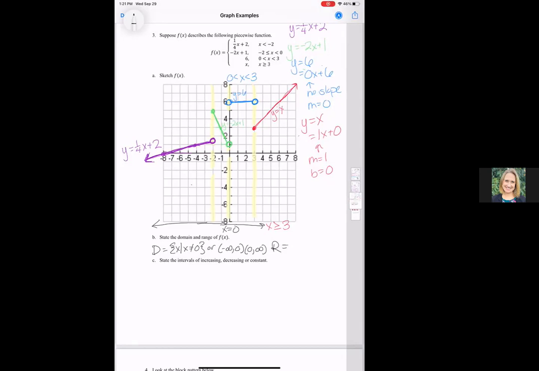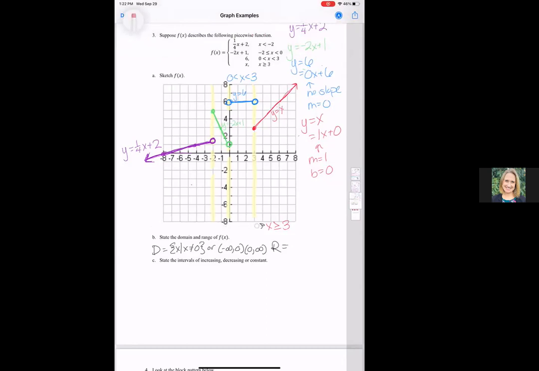Because again, when x equals 3, looking up here, even though there's a closed circle in the blue, the red is filled in. So that means that x value does exist there.